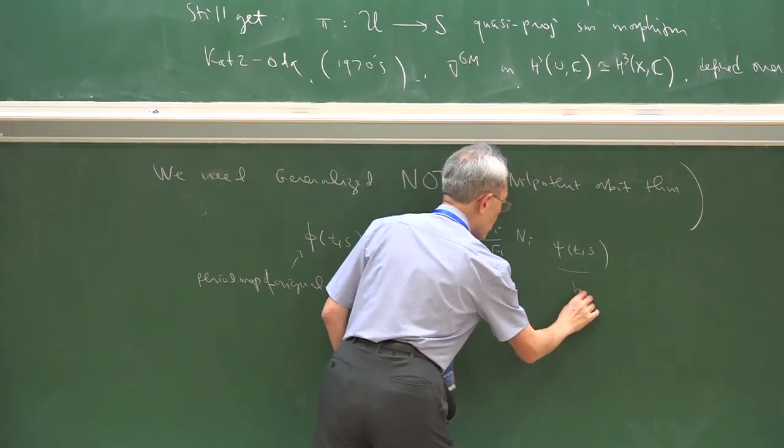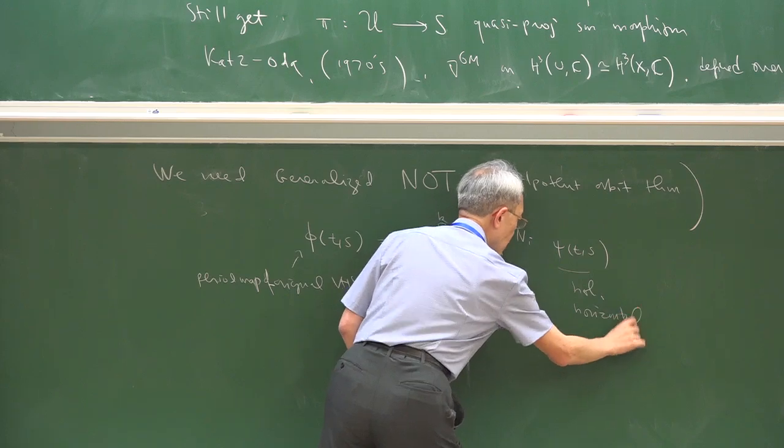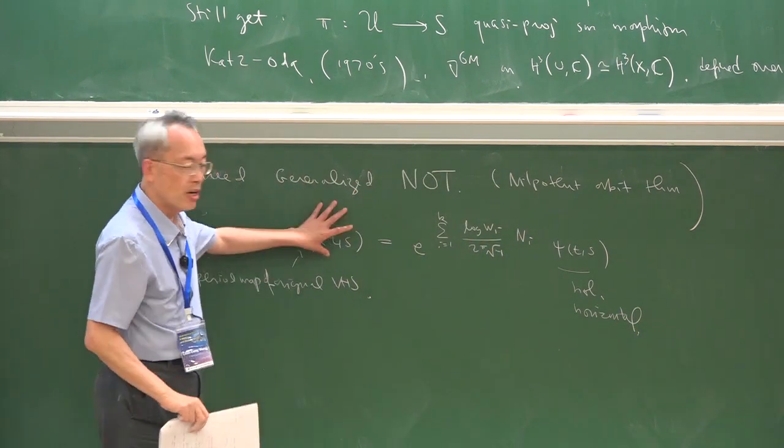This is horizontal. And this is your original variation of Hodge structure.